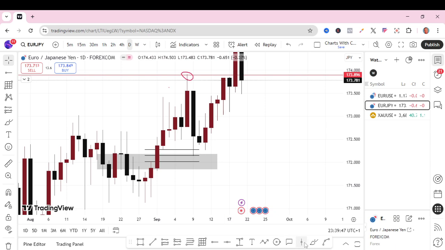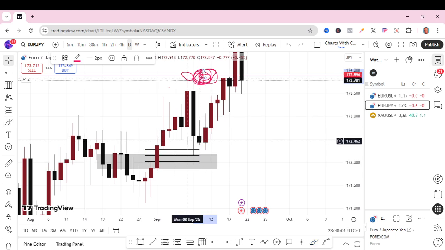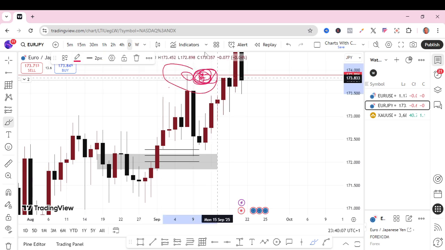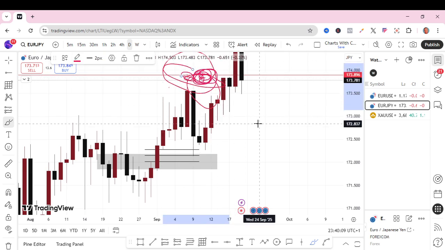Price is still coming to take out this buy side liquidity, because there was no break of structure here. So automatically this zone becomes a weak high, right?